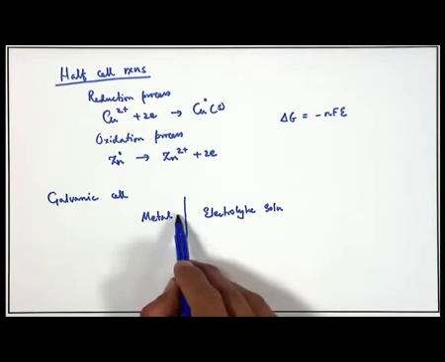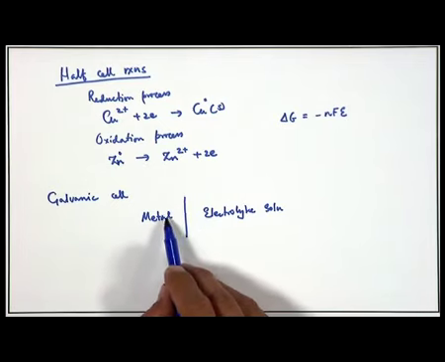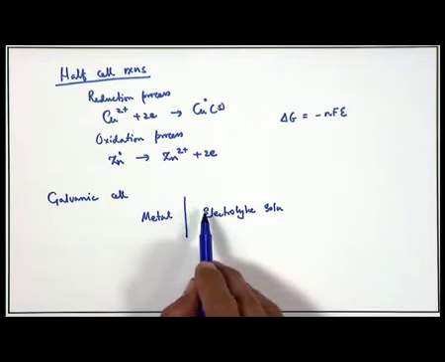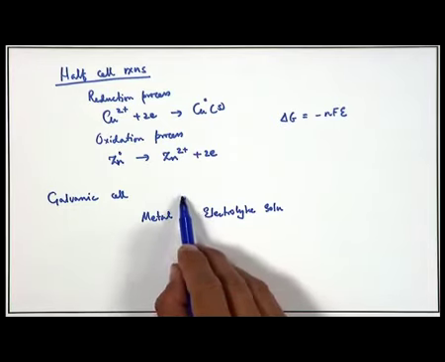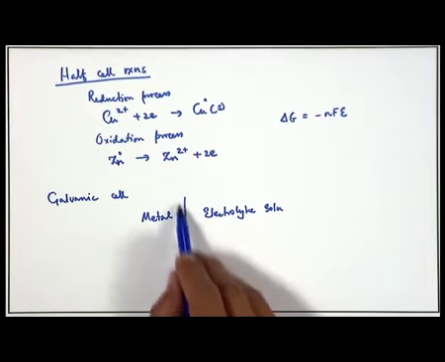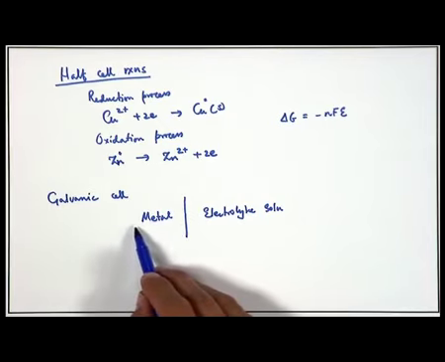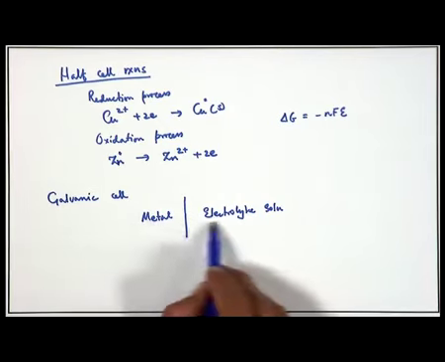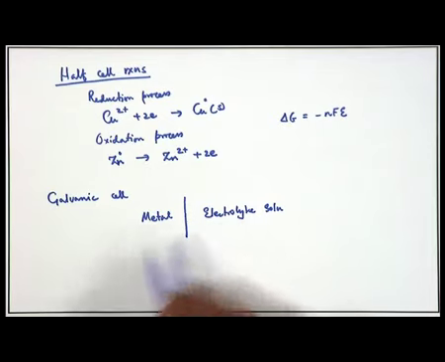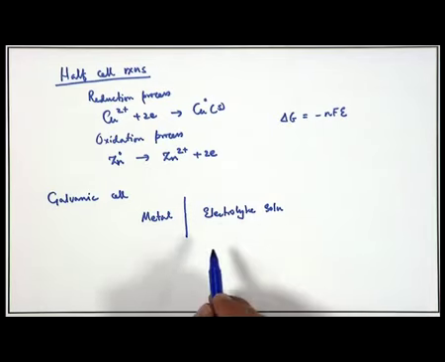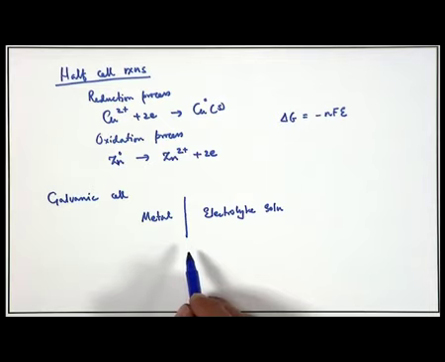Electron transfer from metal to electrolyte or electrolyte to metal happens at this interface. So, a single vertical line represents that the metal is dipped in the electrolyte solution, like copper dipped in copper sulphate solution.